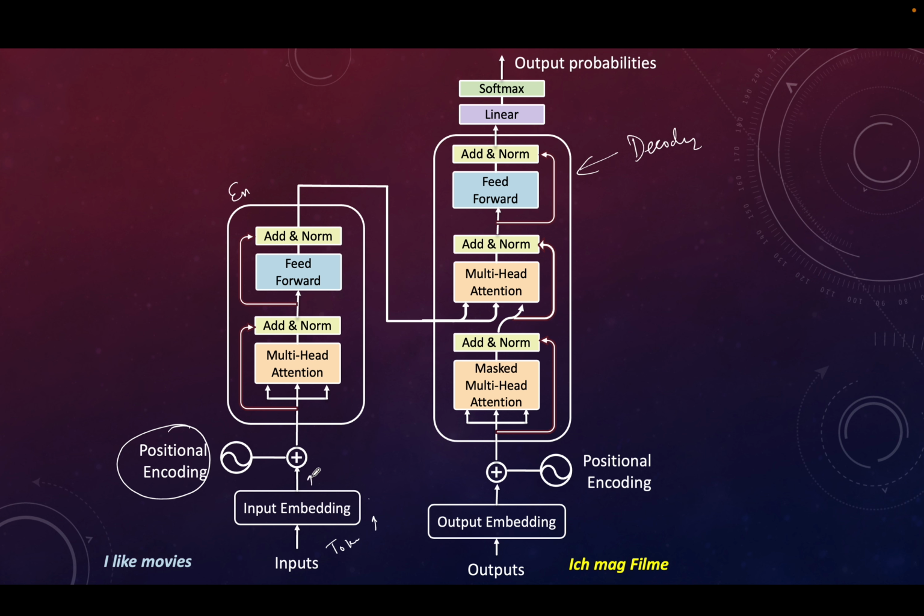If the sequence length is T, so there are T tokens in the sequence, then each token will have some embedding of dimension DE, in this case 512. So the input embedding will be a T cross 512 matrix, and then we add to it the positional encoding.